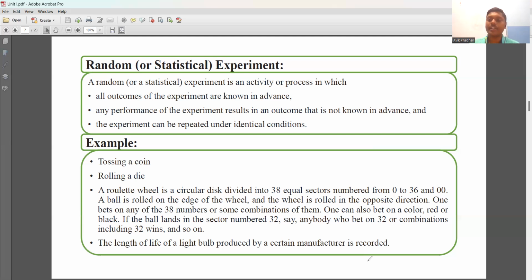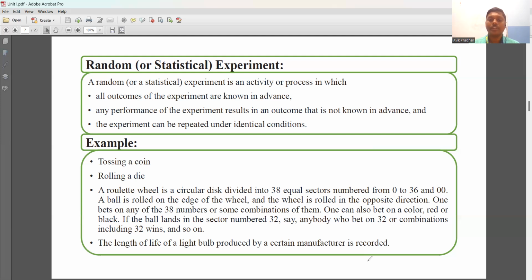But if I consider an experiment of tossing a coin, then we do not know what is going to happen in a particular conduction of that experiment. We do not know what the outcome is. But we know what the possible outcomes are.